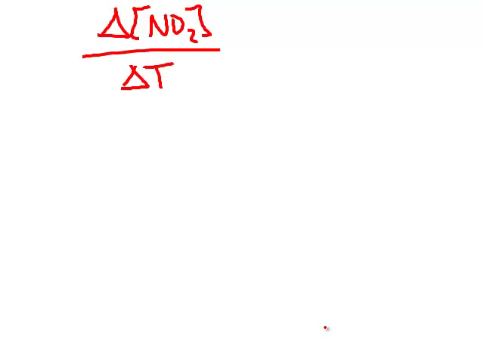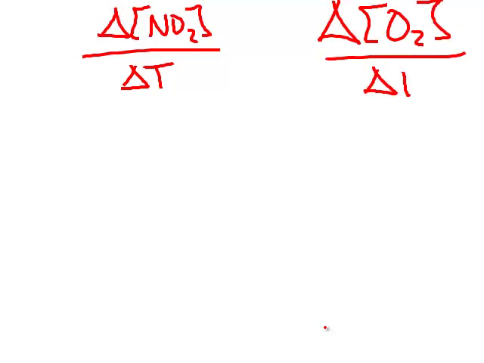So we could have diminishing N2O5 over time. It can be given as the increasing amount of NO2 over change in time. And it can also be given from the perspective of the increasing concentration of oxygen over time.